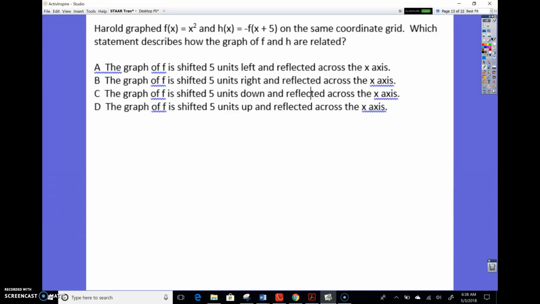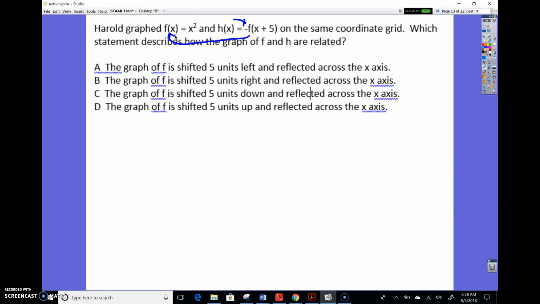Harold graphed h of x equals x squared, and h of x equals something on the same coordinate grid. This is something different. You see it says f. That means it's referring back to this function right here.